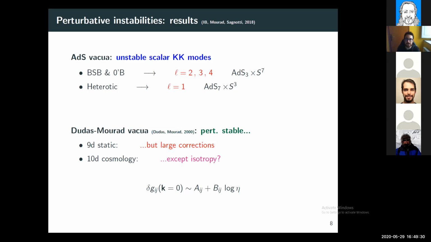Yeah, sorry, go ahead. You say that there are unstable modes, but can you follow what happens when you switch the norm to which vacuum you flow? Right. So this we didn't do yet. I mean, I suspect that it's a pretty complicated issue.